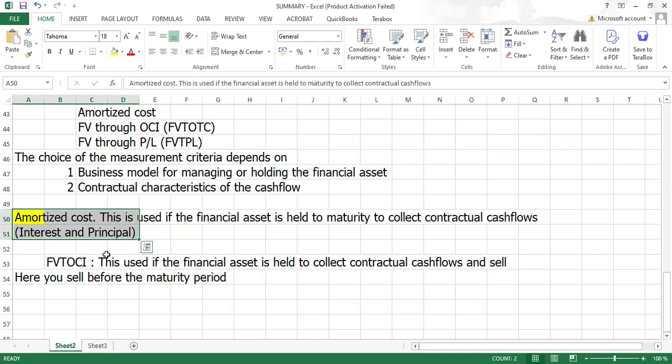So in the question, you have to be careful and see whether this asset is to be held up to the maturity period, or it can be sold at any time. If you see that the asset can be sold even before maturity, then your financial asset must be measured at fair value through OCI.